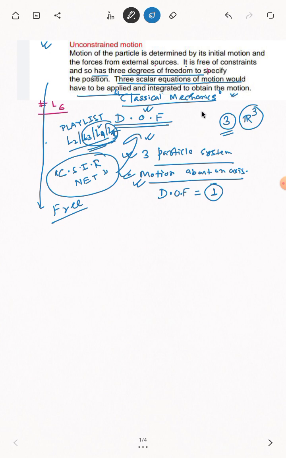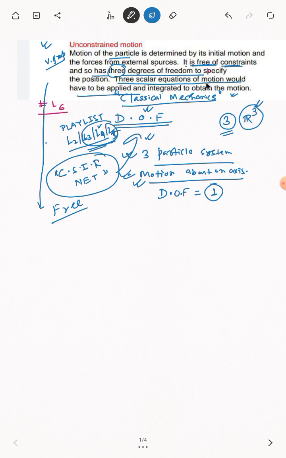All these we will see later, but for this particular video, this is a very important result from the classical mechanics book. All of you should look at it carefully: when a particle is free of constraint, then it has 3 degrees of freedom, specifically in R3.